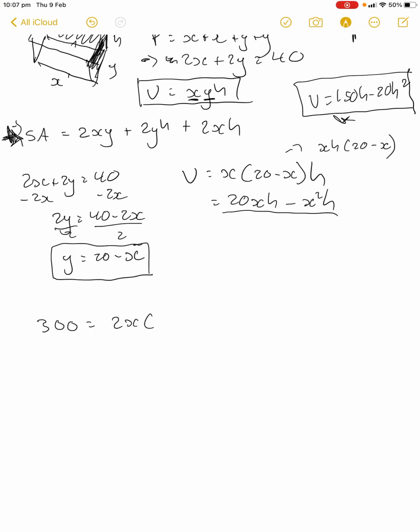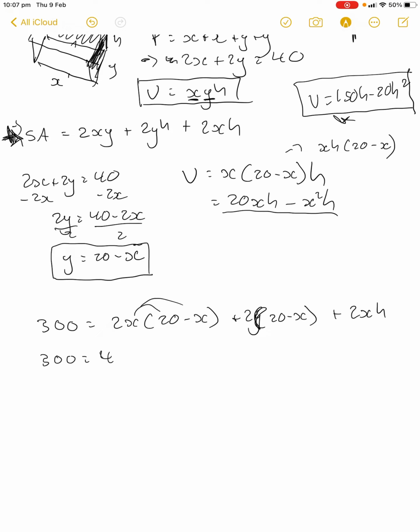We have 2x(20 minus x) plus 2y, and by y I mean 20 minus x, times h, plus 2xh. We've substituted for y. Let's expand.